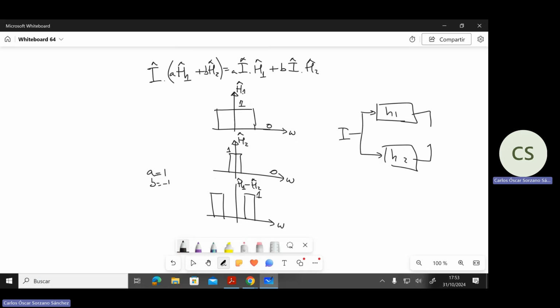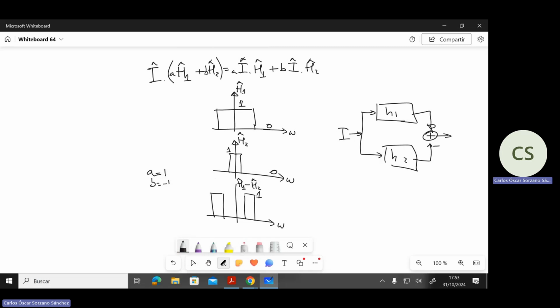Then we can add the two. This will be the filtered image, and this one has to enter with a minus sign. And so this will be our band pass filtered image.